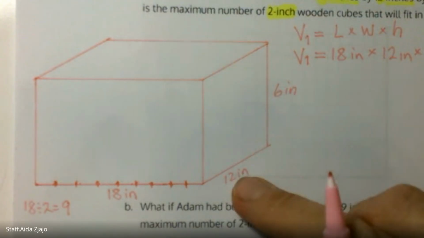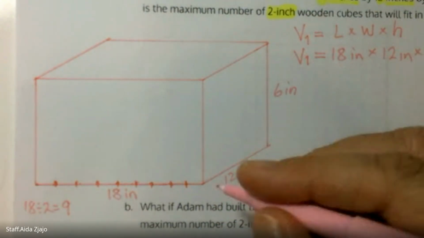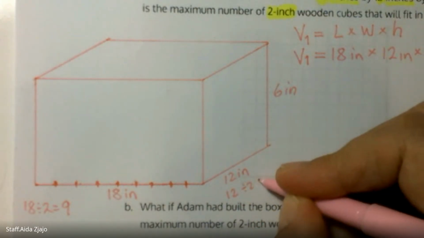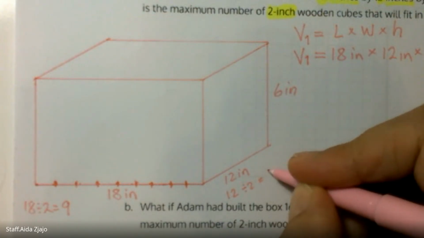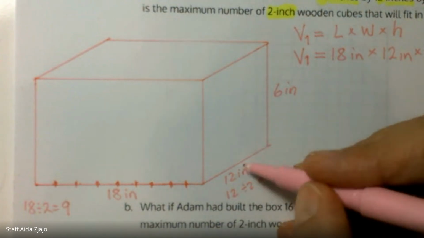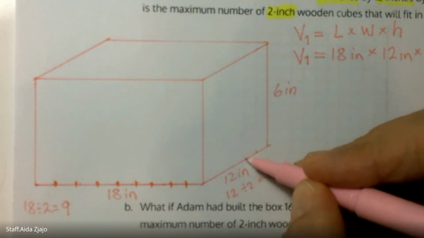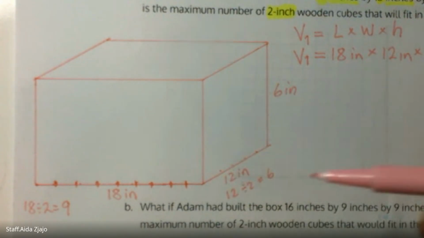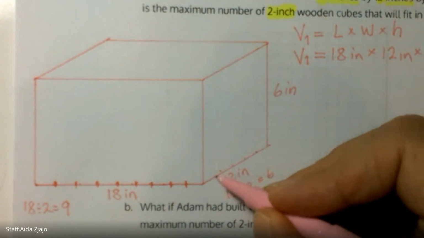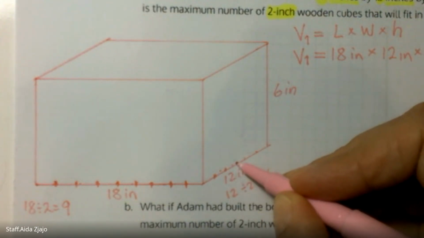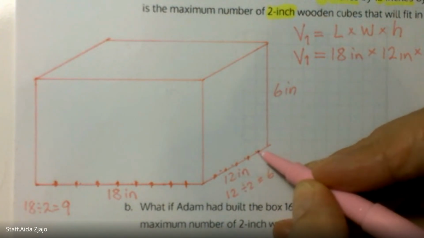It's the same thing when we think about 12. 12 divided by 2 inches would be 6, because 6 times 2 makes 12. Then I need 5 lines in order to make 6 spaces: 1, 2, 3, 4, 5.